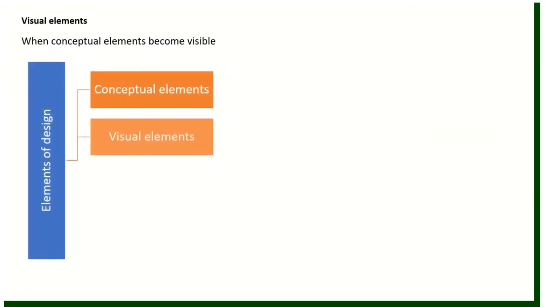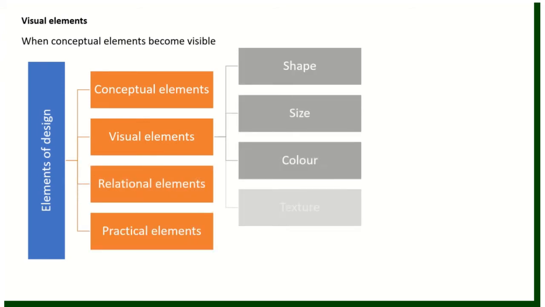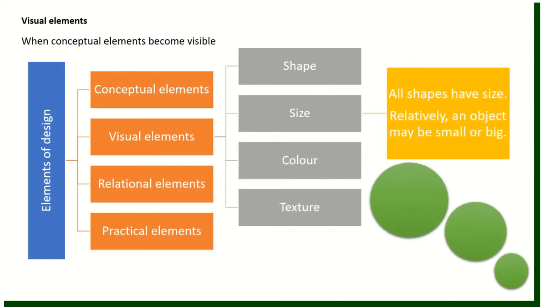The next visual element is size. How does size appear and what are its properties? Let us have a look. As earlier, these shapes definitely have some size. The size is relative, one to one, and it varies. It takes some relation or reference, then we can say it is big or small. For example, here there are three circles.